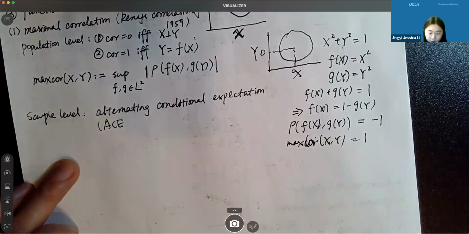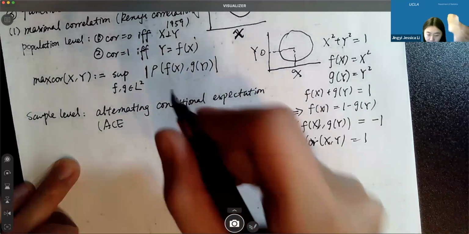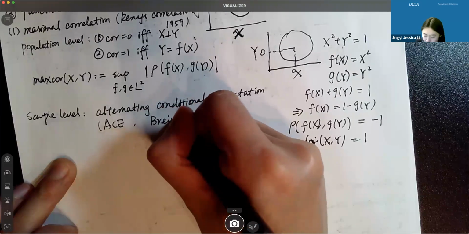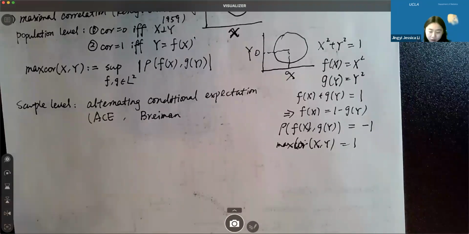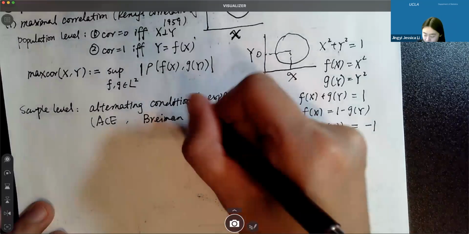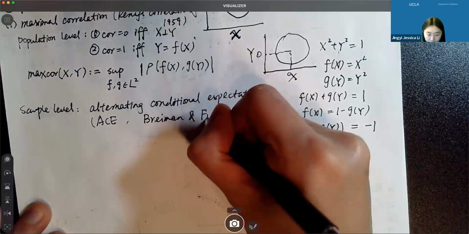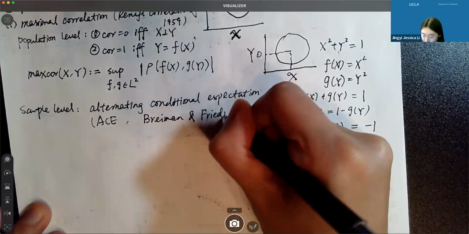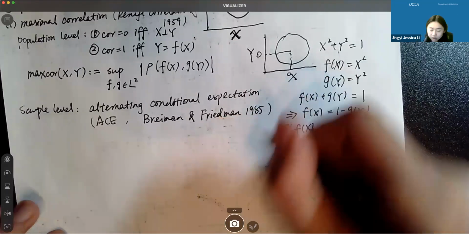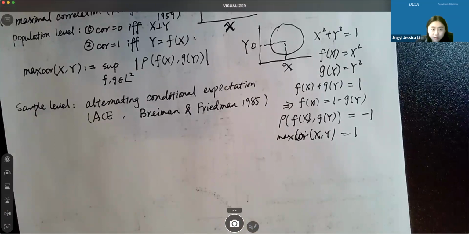This was published by Dr. Leo Breiman, who was the author of the CART algorithm for tree-based classification and random forest, and Friedman. Friedman is still a professor at Stanford. They wrote this paper in 1985 about alternating conditional expectation, which is a very smart way of solving this problem.